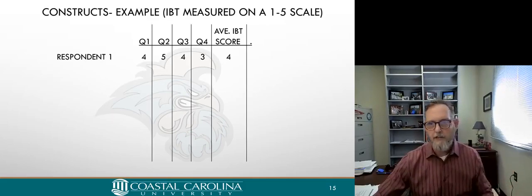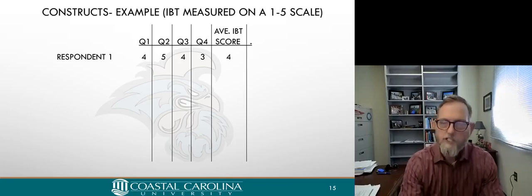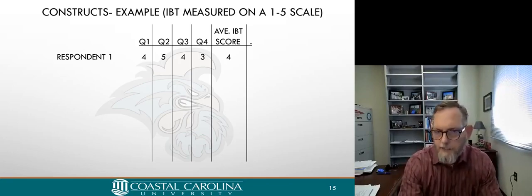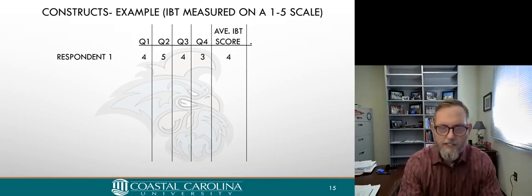So let me pull that up and give you a look here. Here we have respondent number 1, and we have the 4 scale items that measure IBT. This is on a 5-point scale, from 1 to 5, 1 meaning does not describe me at all, or completely disagree, and 5 meaning this describes me completely, or completely agree.